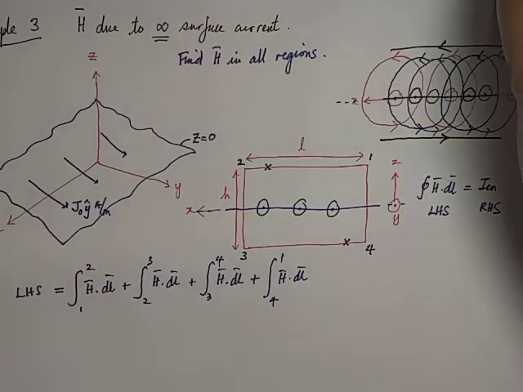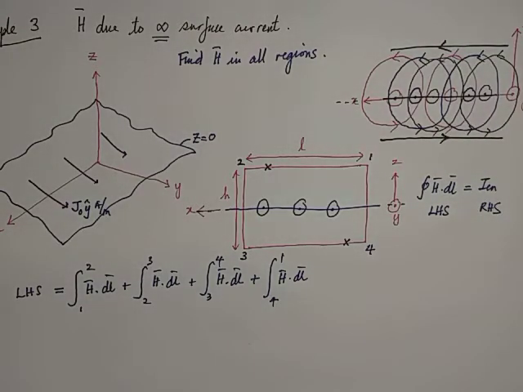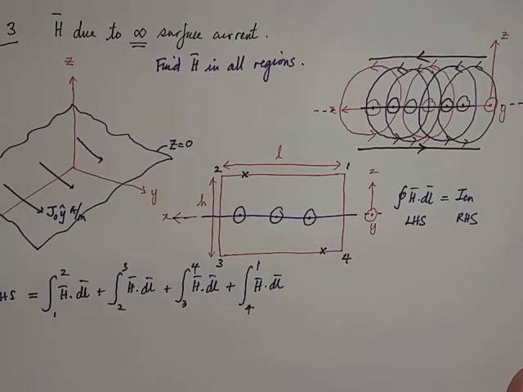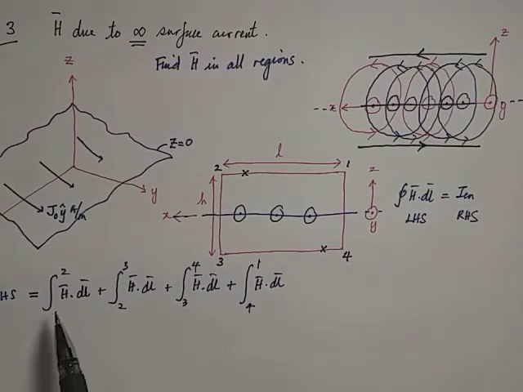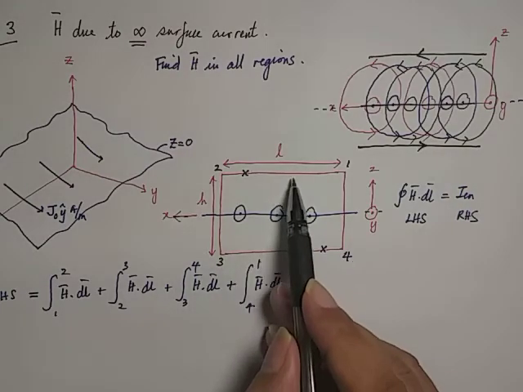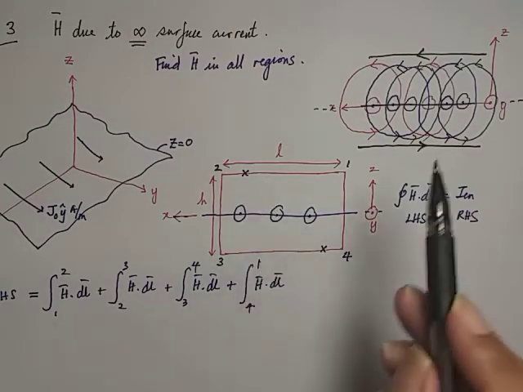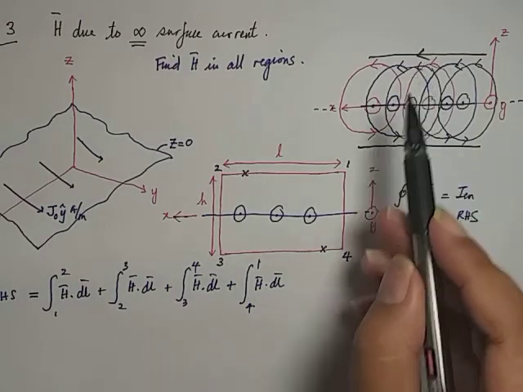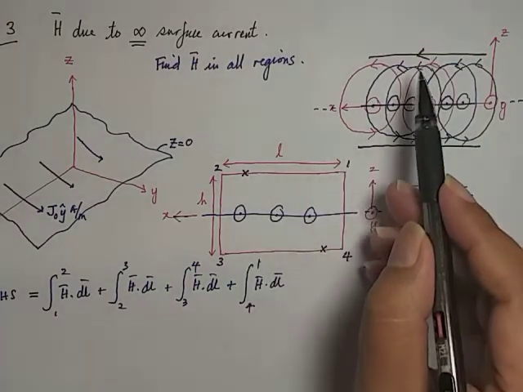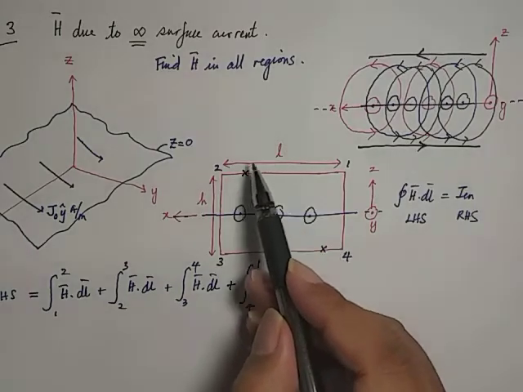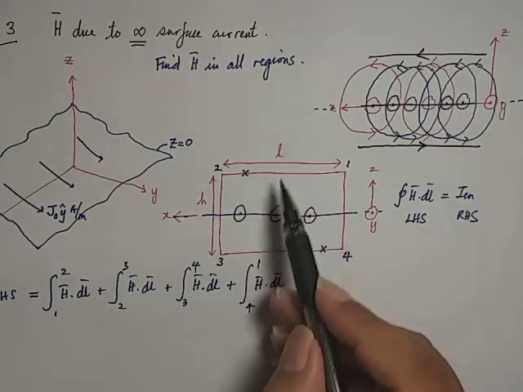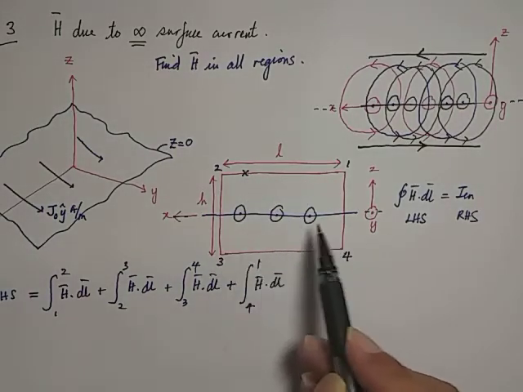Now, let's substitute for the H. You have to be careful here. H in this particular segment of the loop should be which H? Good, this H. Agreed? So this H must follow this H. Why? Because this H is in the upper region of our surface current.